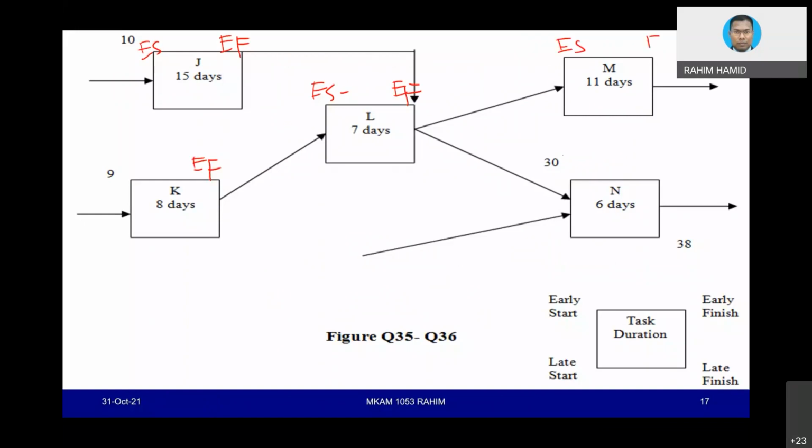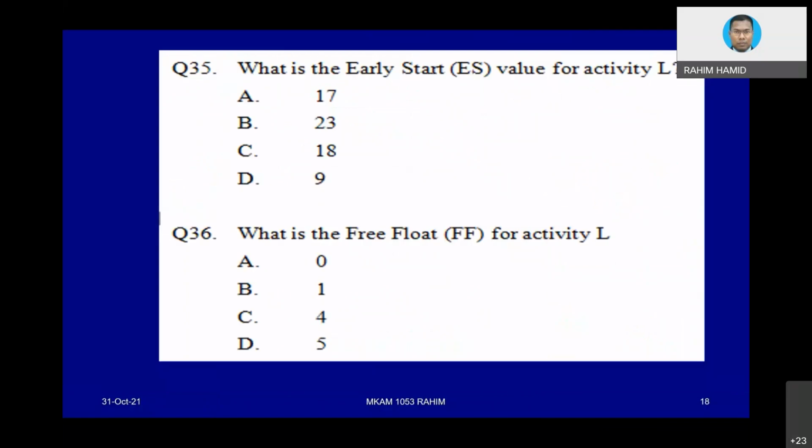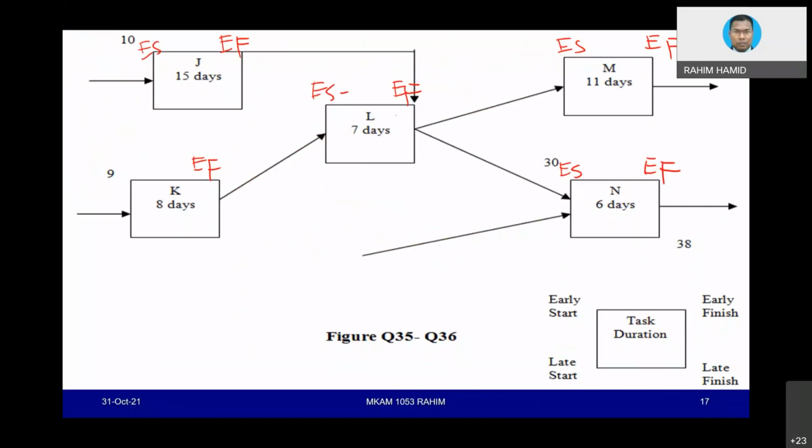This one is equivalent to early start. Early finish is not there. What would be the question? The question is to calculate early finish for activity L and free float for activity L. We focus on L. Which is L? Okay, this is L. We want to know this value. What would be the potential value for L?